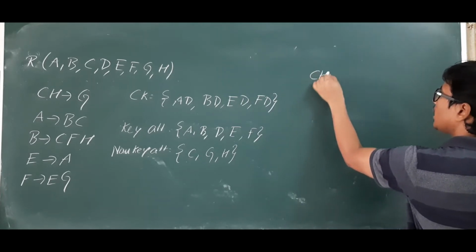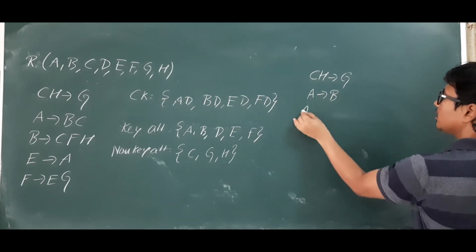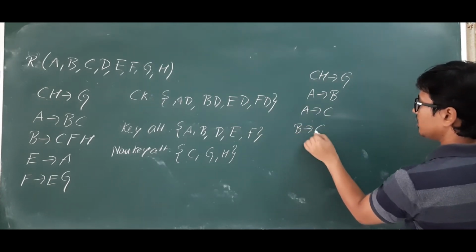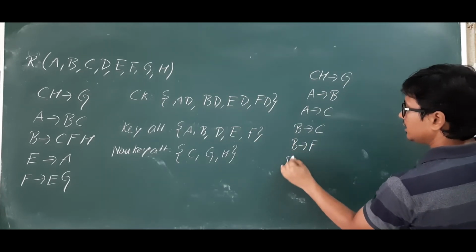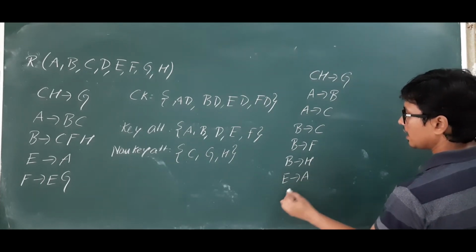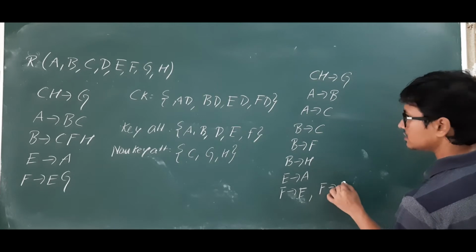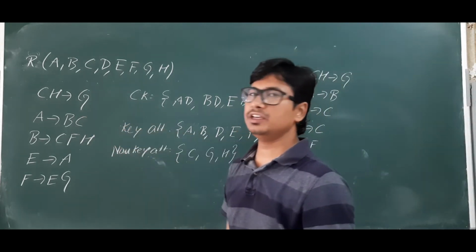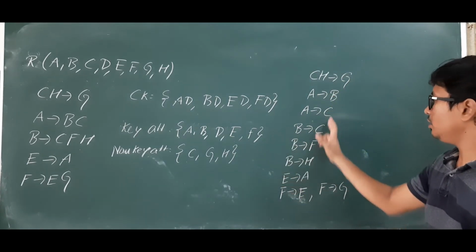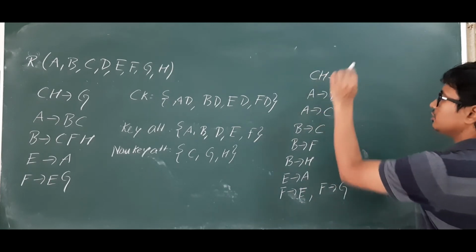We have the FD CH determines G, and we have A determines BC, which I will decompose as A determines B and A determines C. Now we have B determines CFH, so I will decompose it into B determines C, B determines F, B determines H. Then we have E determines A, and F determines EG, which I am decomposing as F determines E and F determines G. So the original FDs are decomposed such that the right hand side has only single attributes.